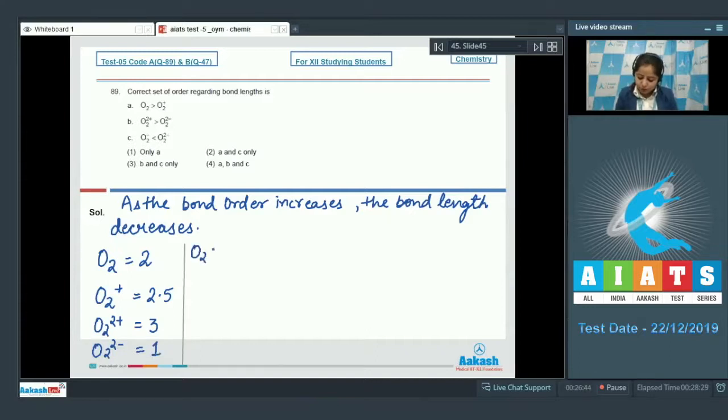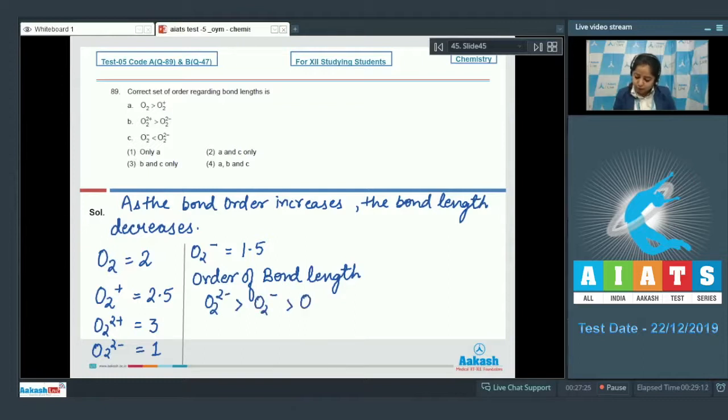And the bond order of O2 minus is 1.5. So the correct order of bond length is O2 2 minus followed by O2 minus followed by O2 further followed by O2 plus, and the least bond length is observed in O2 2 plus.